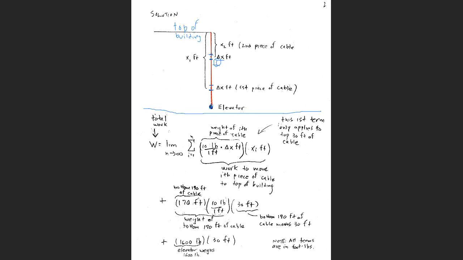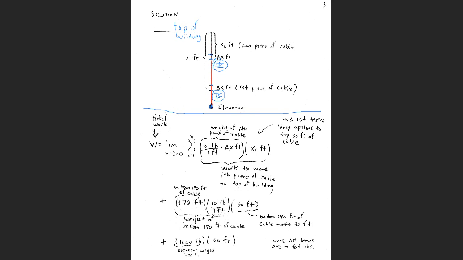And here we have Roman numeral 2 piece of cable. So Roman numeral 2 and Roman numeral 1. Maybe I can make that a little bit neater here.